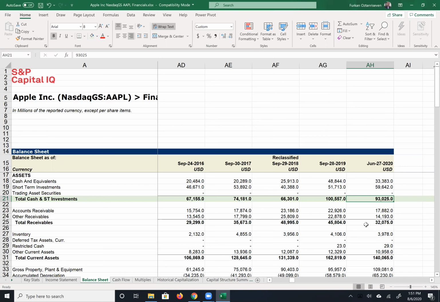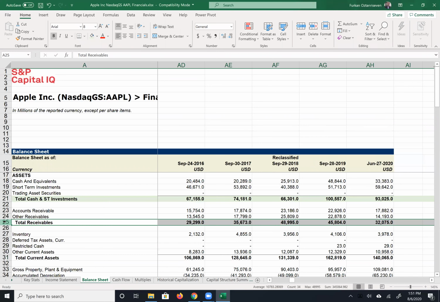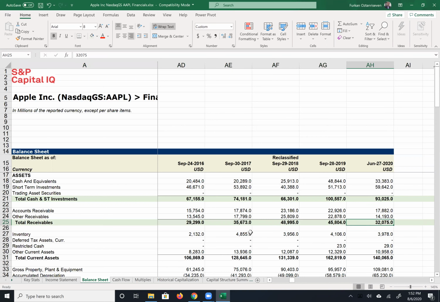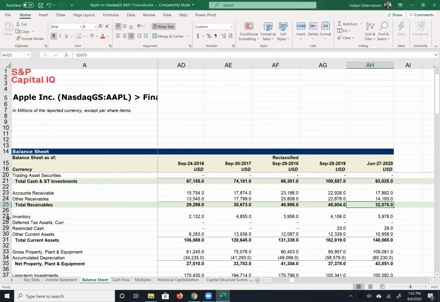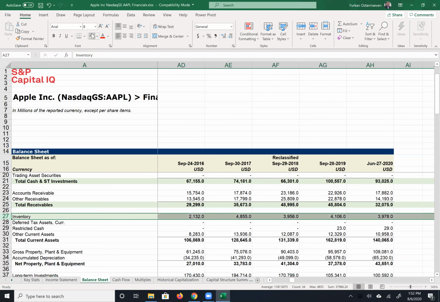And also, if you look at the total receivables, these are the things the company is expecting to receive. You can see account receivable and other receivables. Company is expecting to receive around $32 billion. And you can see the other current assets here. For example, inventories, another line item.